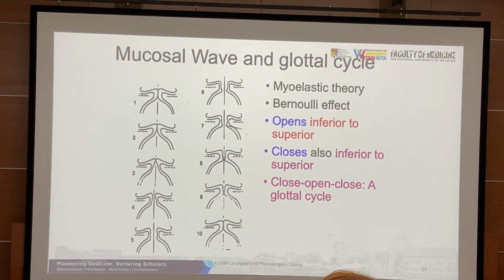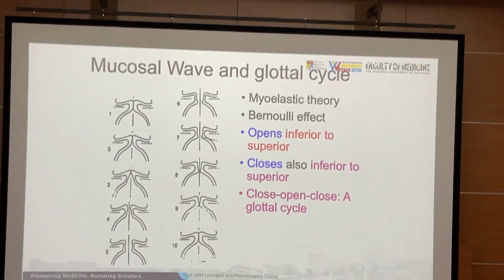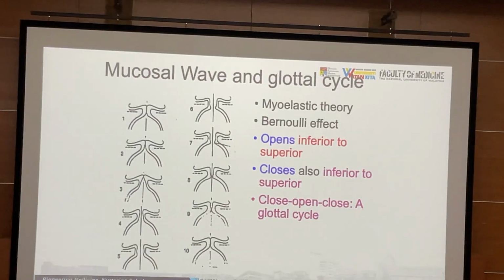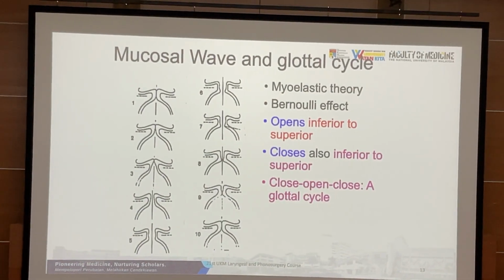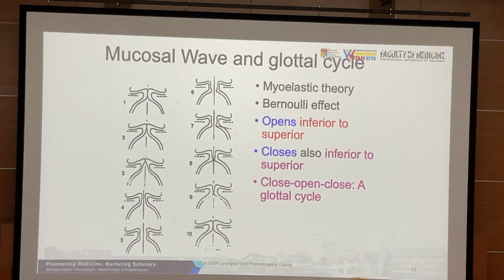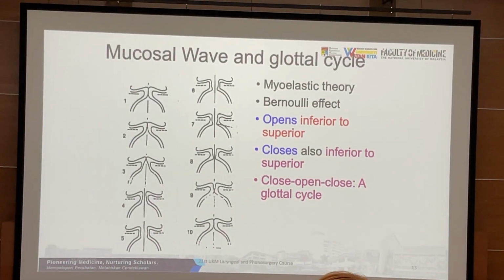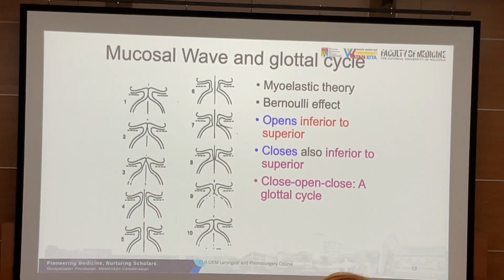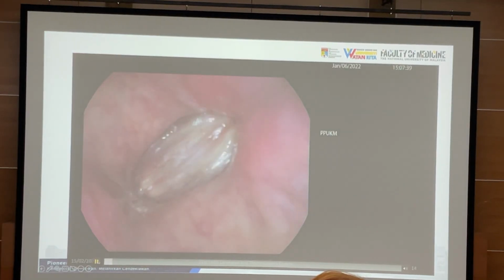This mucosal wave has been explained very well by Miss Nora. The close, open, and close. Remember, close, open, and close is one glottal cycle. Someone with 190 Hertz has 190 closed cycles in 1 second. So this is slow motion of video stroboscopy.